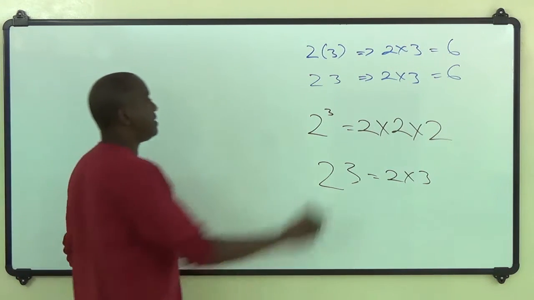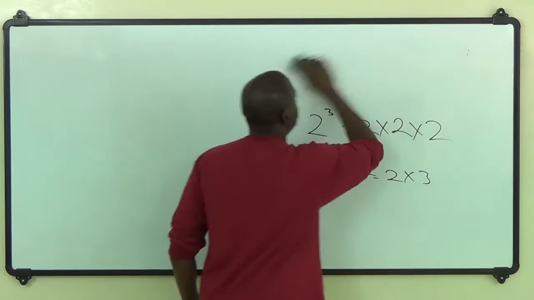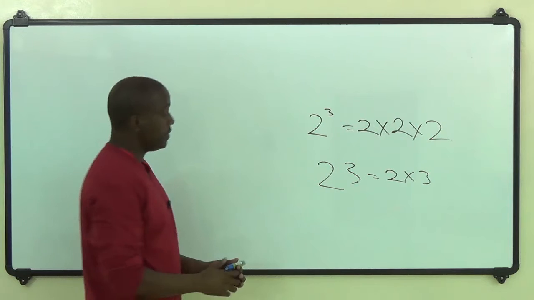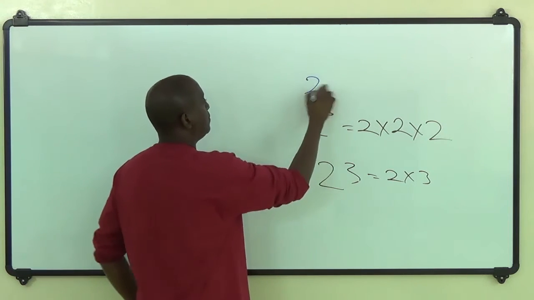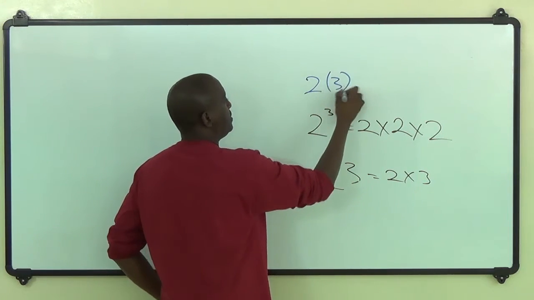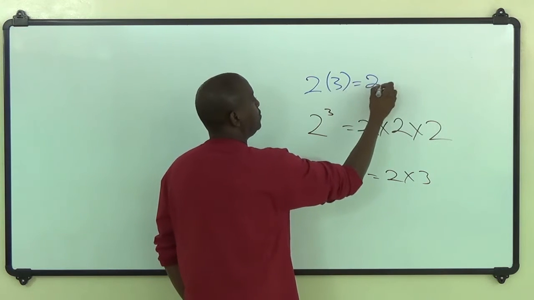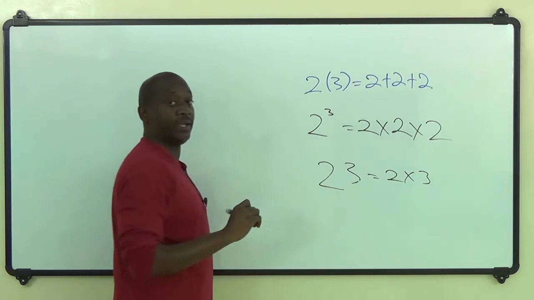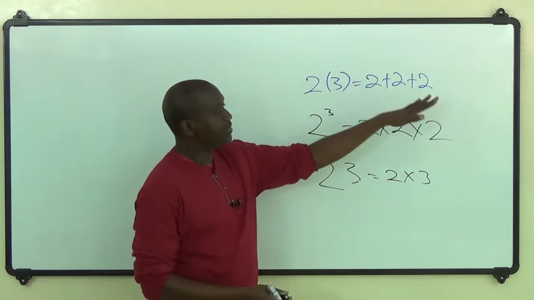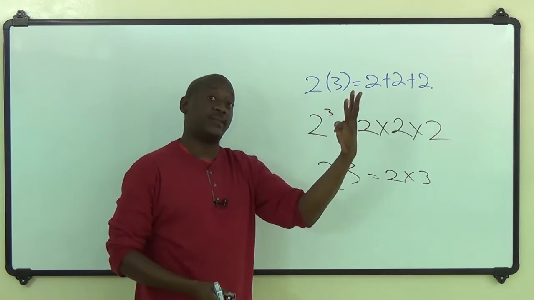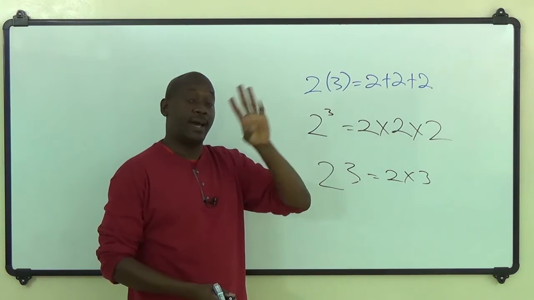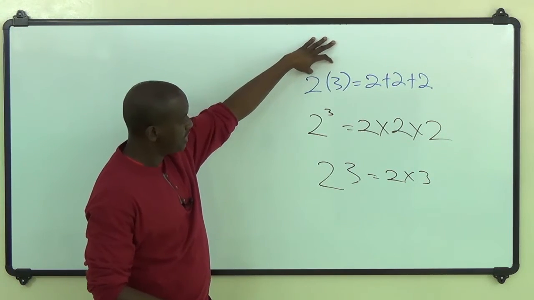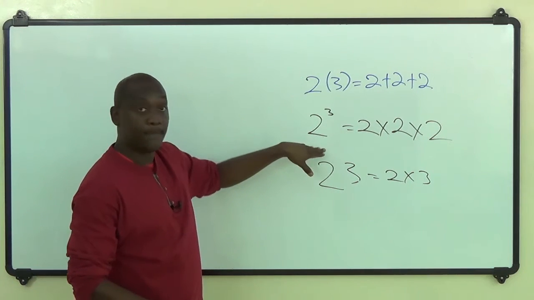But before we get to 6, you have to understand that 2 multiplied by 3 is actually 2 plus 2 plus 2. So in other words, you're adding 2 to itself 3 times. And that is the difference between 2 multiplied by 3 and 2 to the power of 3.